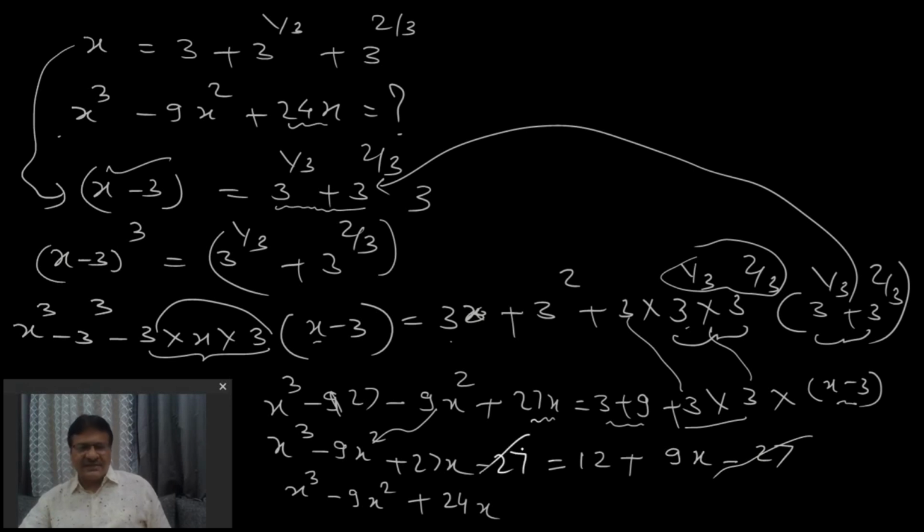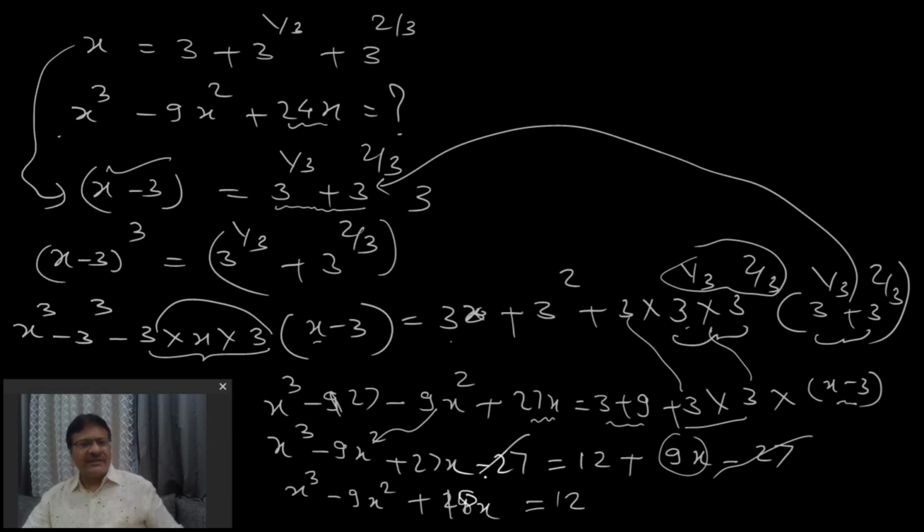So this cancels with this, so I get x cube, then minus 9x square, then plus 27x, and if I take this 9x this side, then it will be minus 9x, so plus 27x minus 9x, that is 18x. Is that clear guys? So equal to what? The only remaining thing is 12.